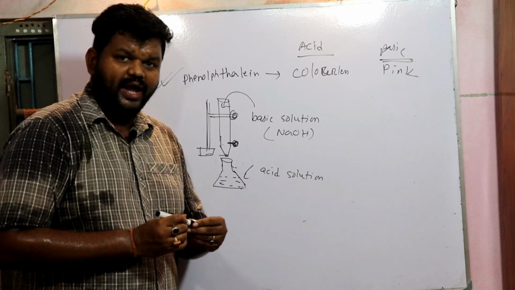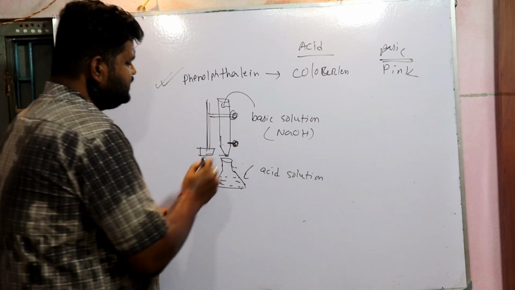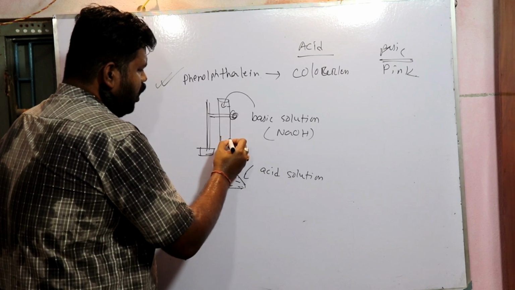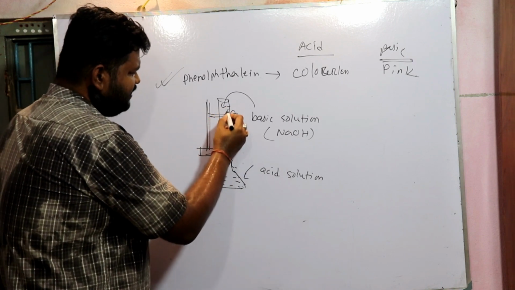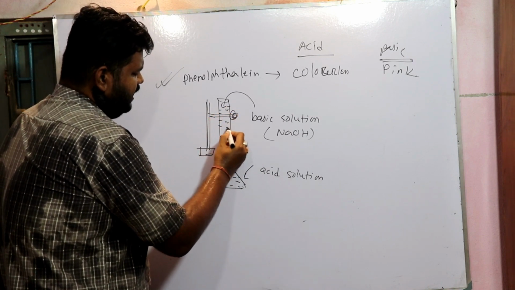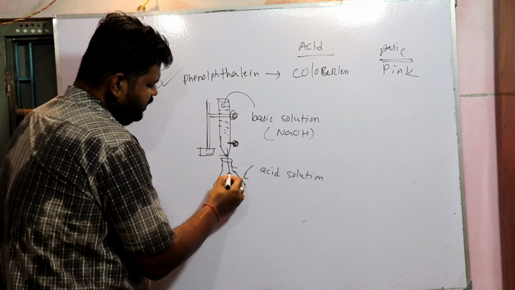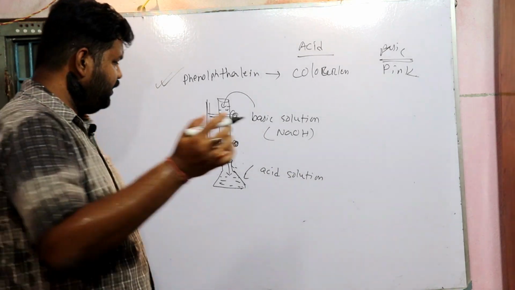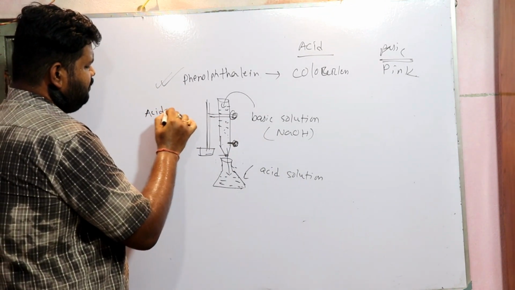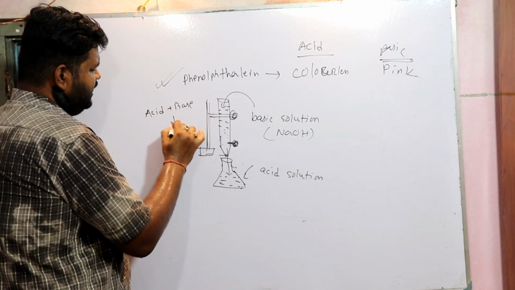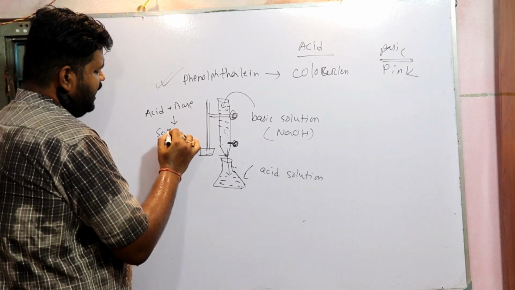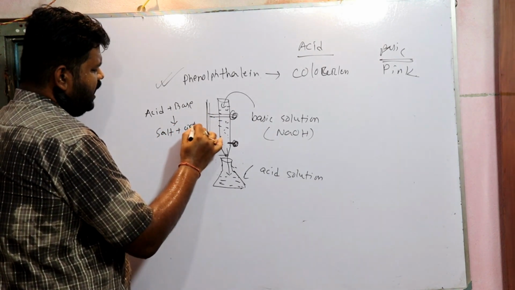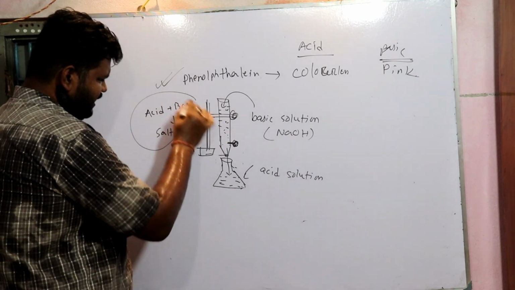We know when we start to drop, or allow the basic solution present here to come over the acid solution, then a reaction will take place, and we know when acid plus base react, they will produce salt and water. I will talk to you about it later.